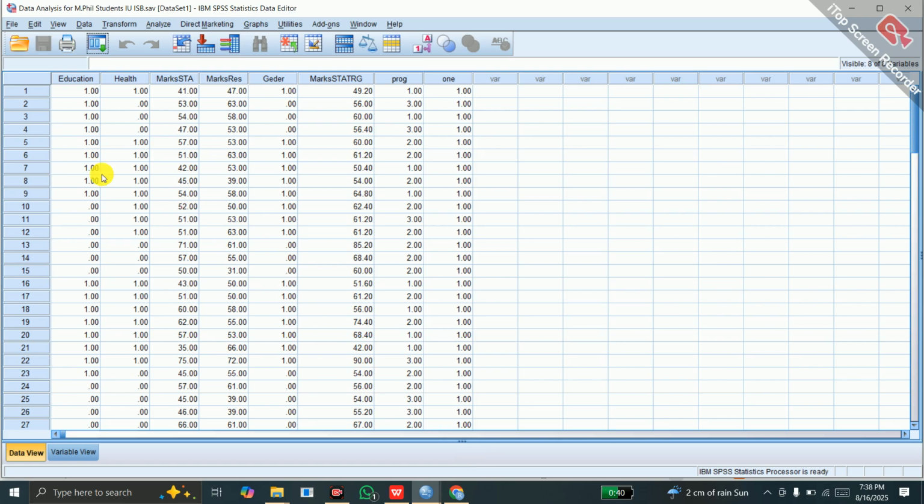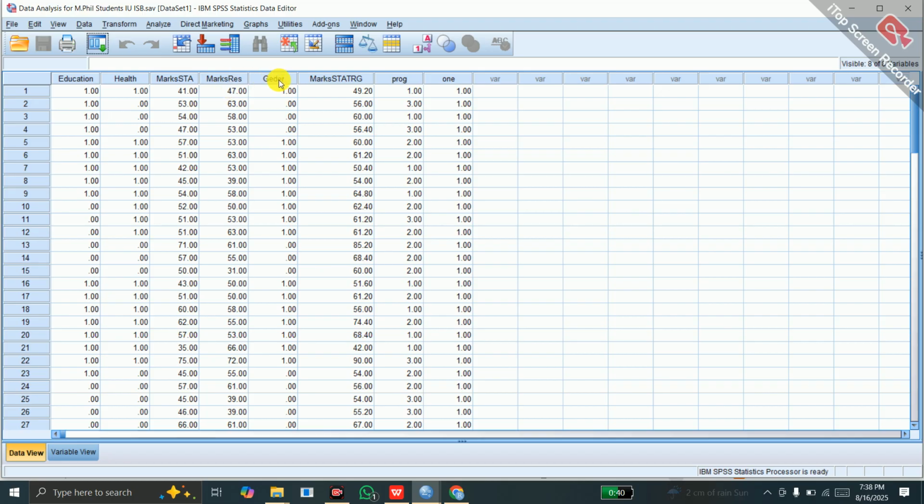This is a categorical variable for education where 1 stands for educated and 0 for uneducated. Then I have another categorical variable, health, where 1 stands for healthy and 0 stands for sick. Then there are marks of students in statistical analysis and interpretation, and marks in the research subject.